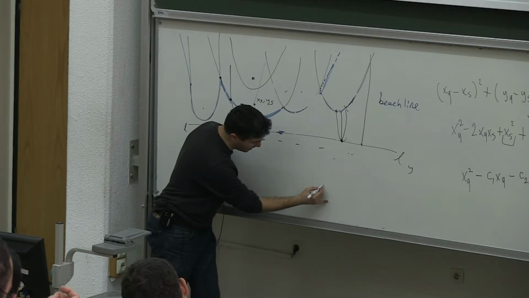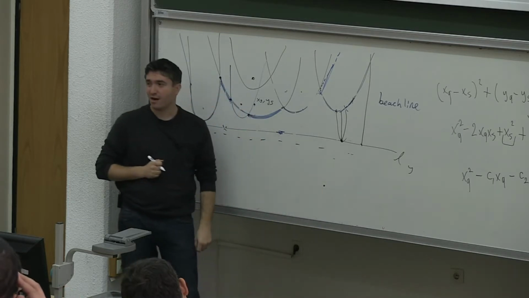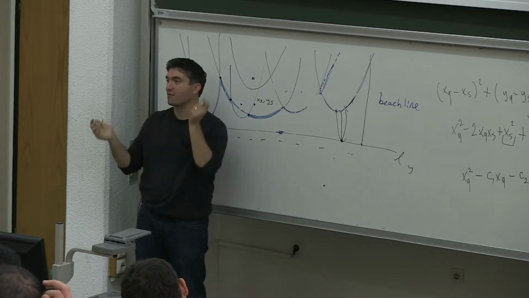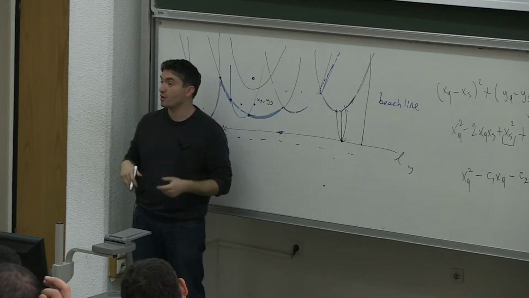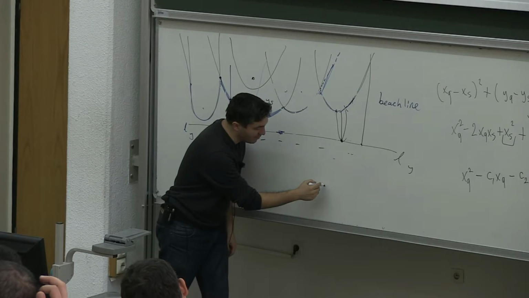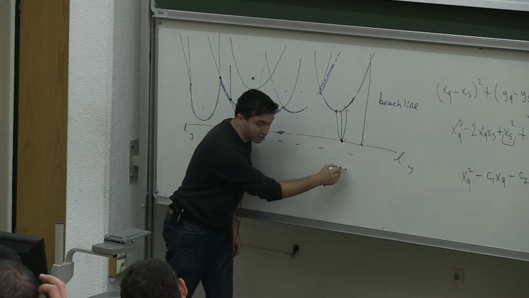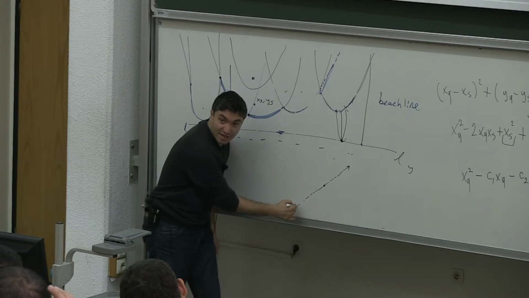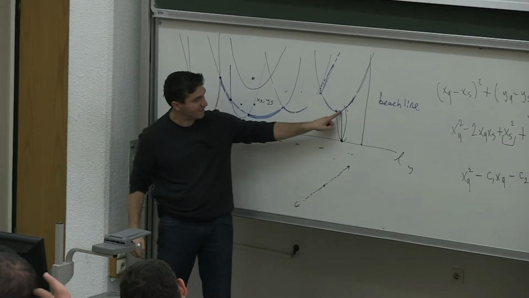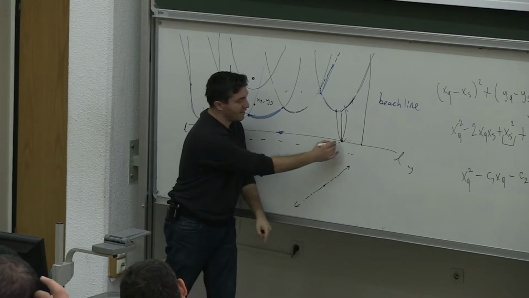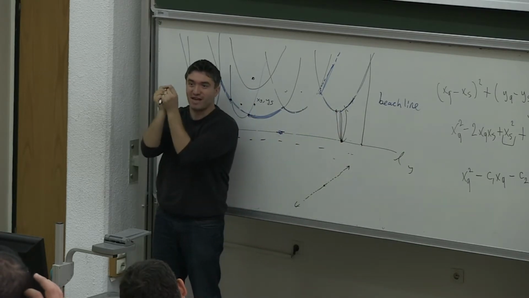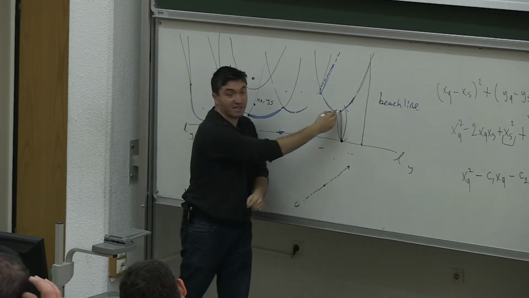But it happens something like this. When the site appears, I start tracing out my edge somewhere in the middle of the edge. It may not correspond to a vertex. One breakpoint traces out the edge in this direction, and the other breakpoint traces out the edge in this direction. So at the point when I had a degenerate parabola, both breakpoints were at the same point, this intersection point.